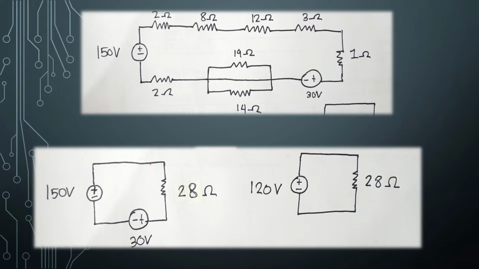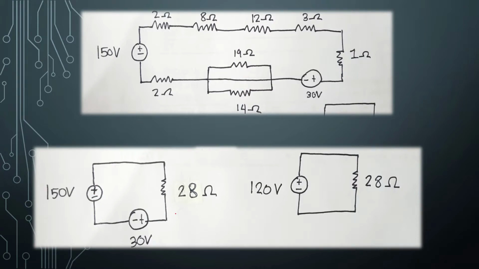So this is our circuit right now, and then to further simplify this, we can add our independent voltage sources. We have two in this case. We have 150 volts and 30 volts, but as you can see, they have opposite polarities.